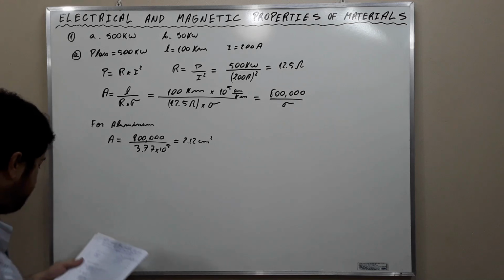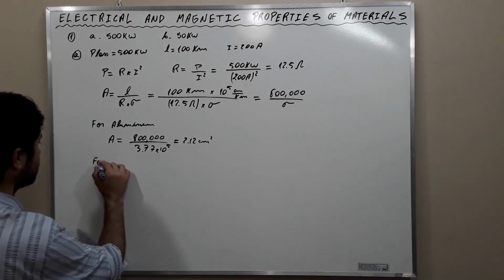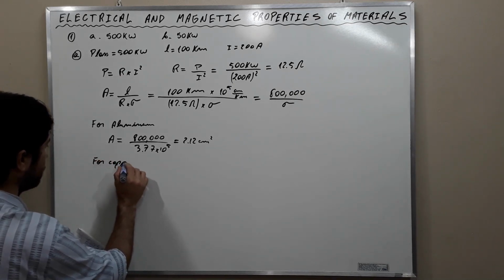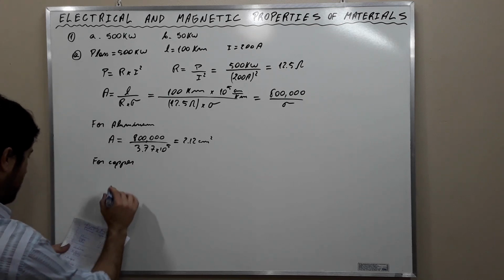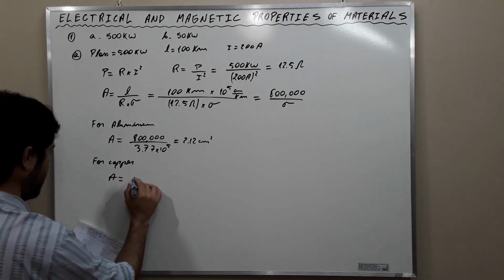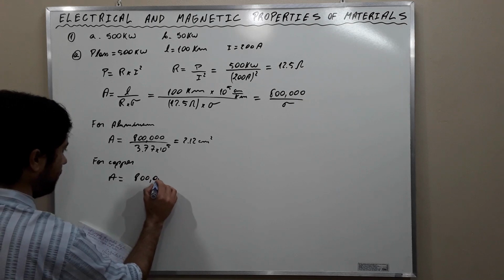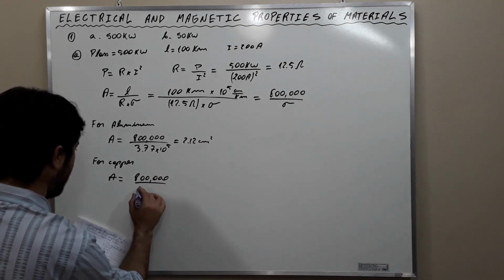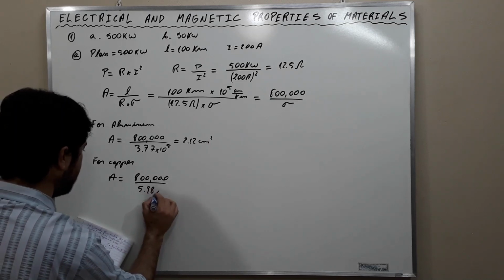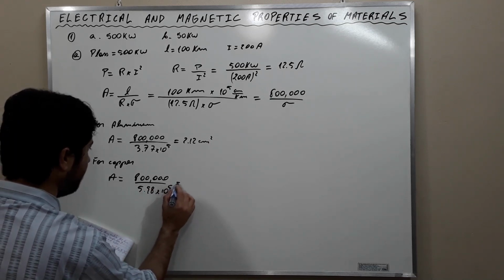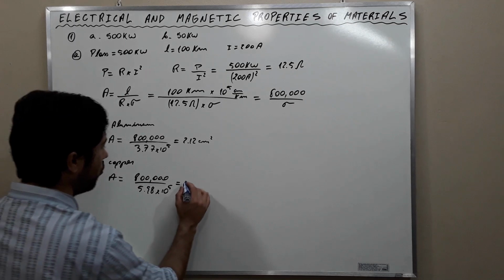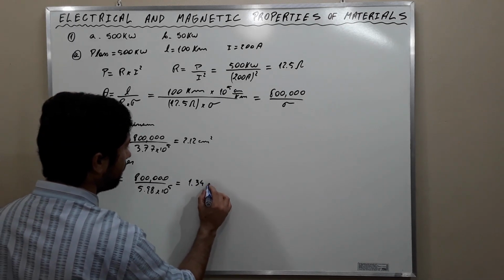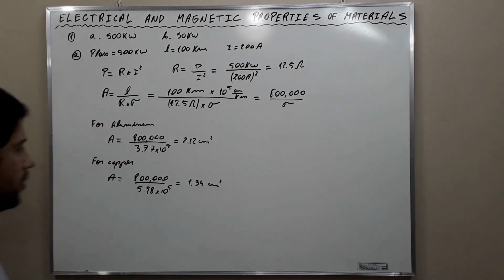For copper, the cross-sectional area is going to be 800,000 divided by 5.98 times 10 to the fifth, which is equal to 1.34 square centimeters.